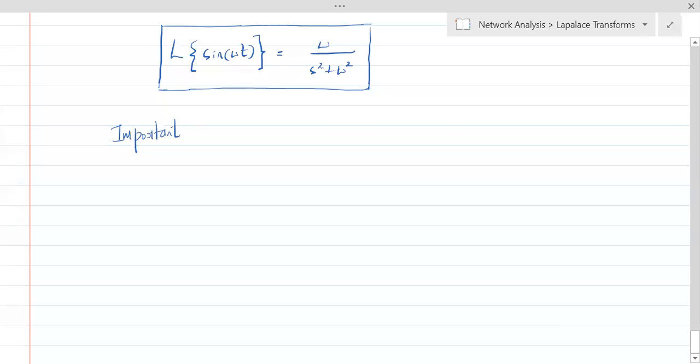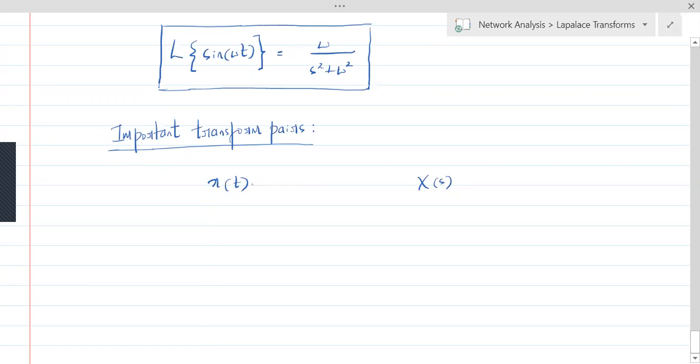Important transform pairs. Transform pairs means what? If you have x of t, the Laplace transform of this is going to be x of s. So x of t and x of s are called transform pairs.